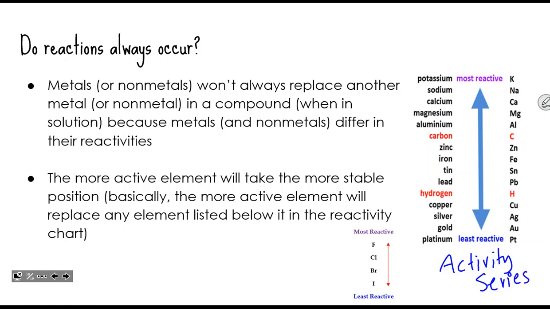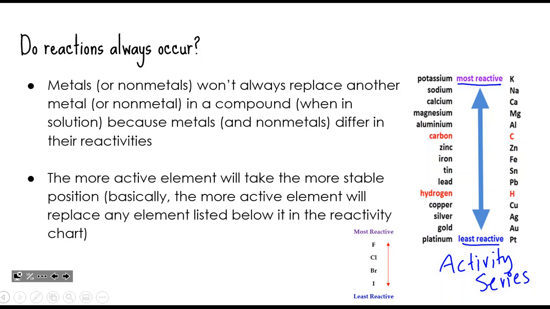Basically it shows the most reactive to the least reactive on the metal list. These are the ones used most frequently, but you can Google them and find longer lists. Now the activity series isn't anything that you would have to memorize. It will be provided to you on the quiz or in the question, or you can reference it at any point because no one would expect you to have it memorized.